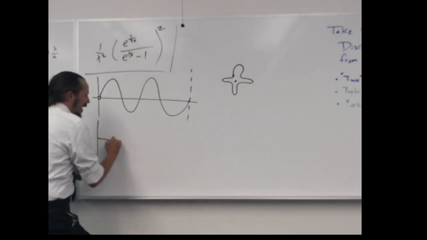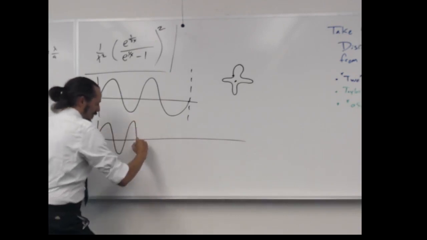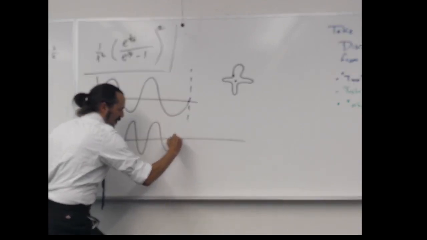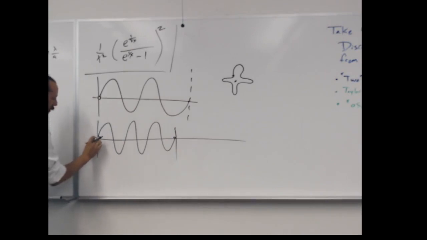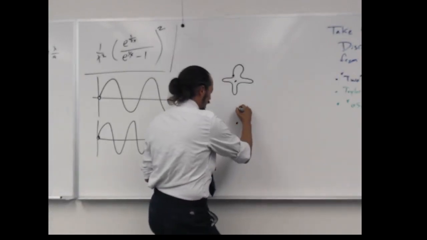You can have a second answer by increasing the vibrations. This one I have a lot of trouble drawing around a circle. I'll try. But you end up with the same type of situation.